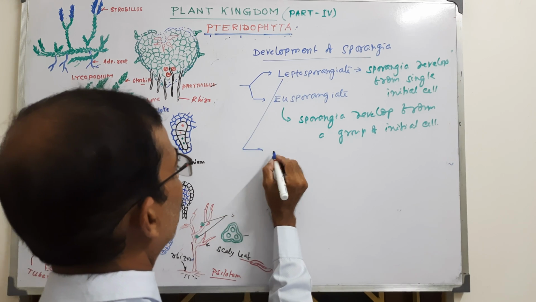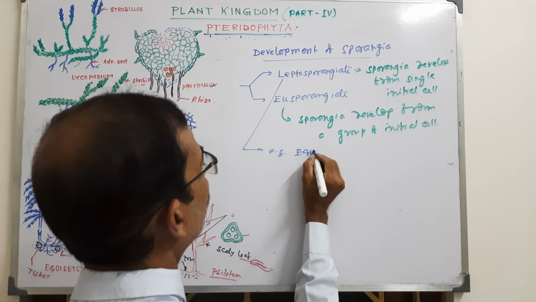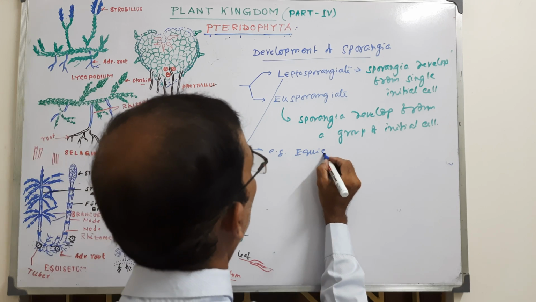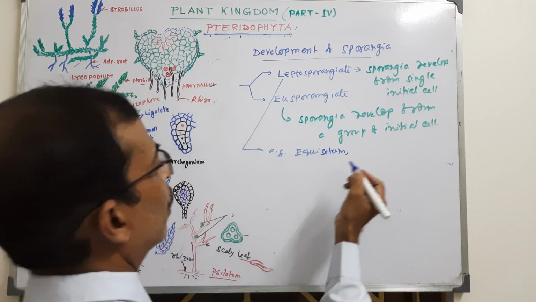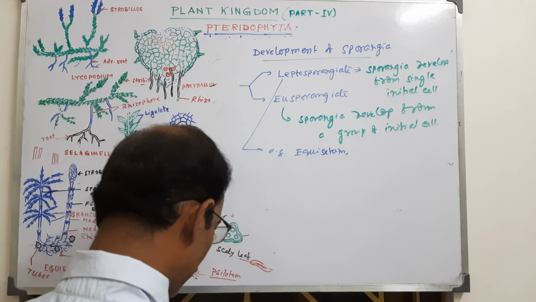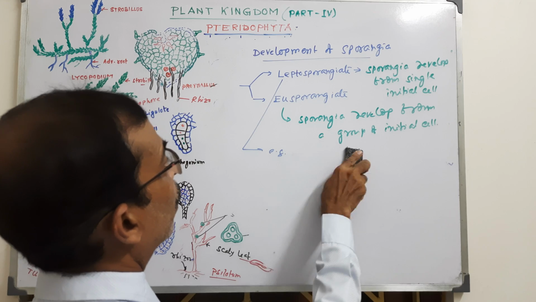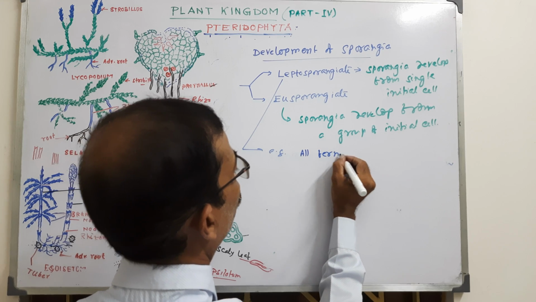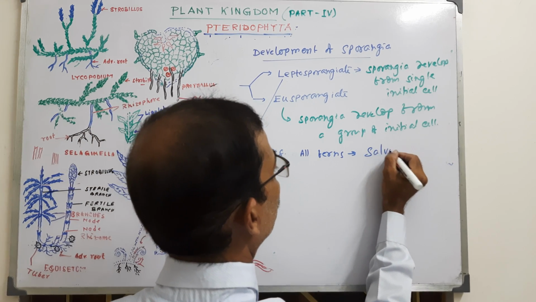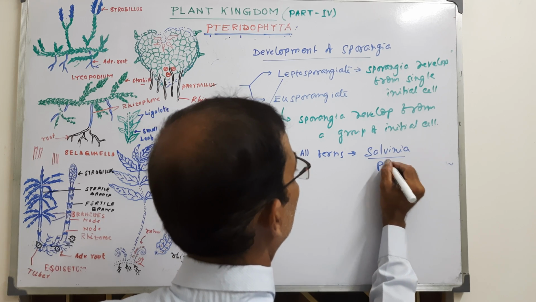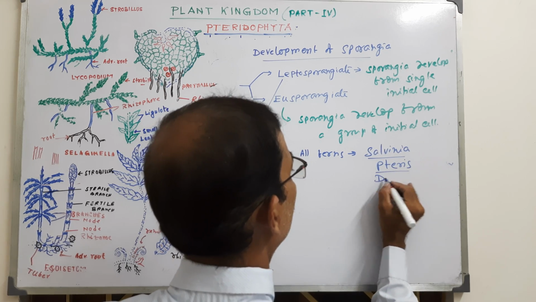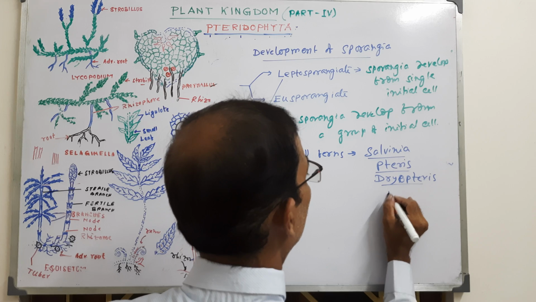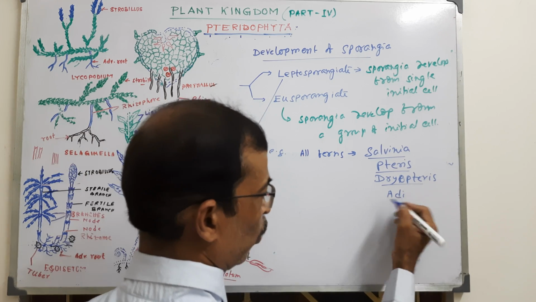Examples of leptosporangiate: all ferns like Salvinia, Pteris, Dryopteris, Adiantum, also called walking fern.